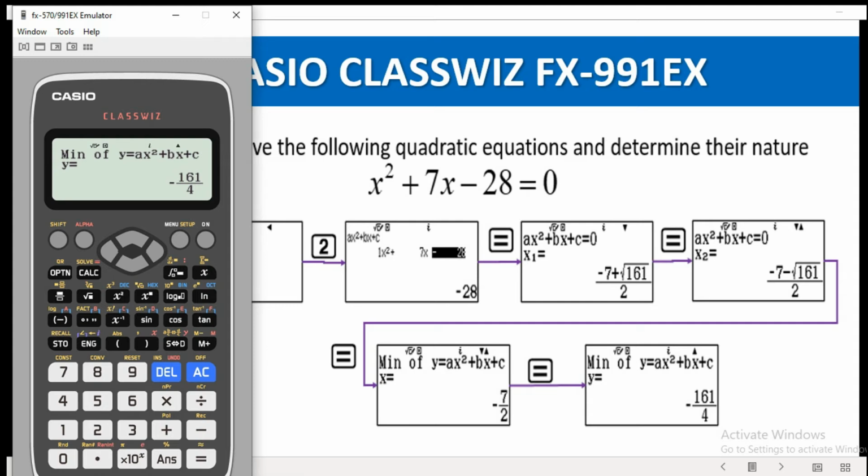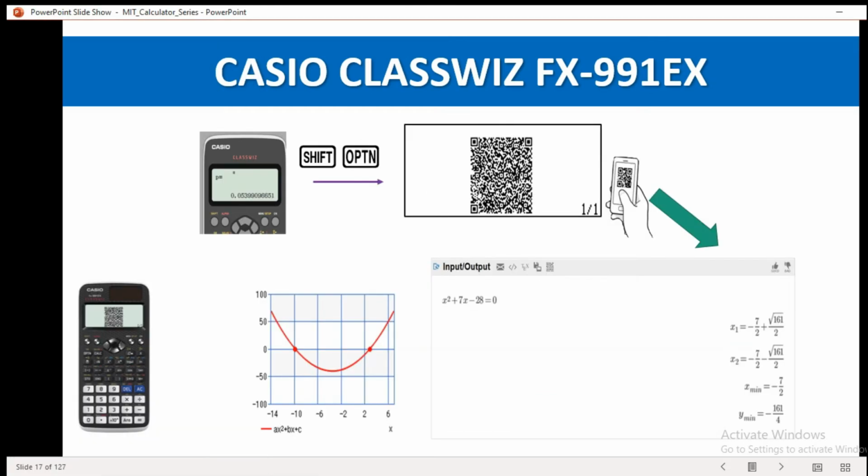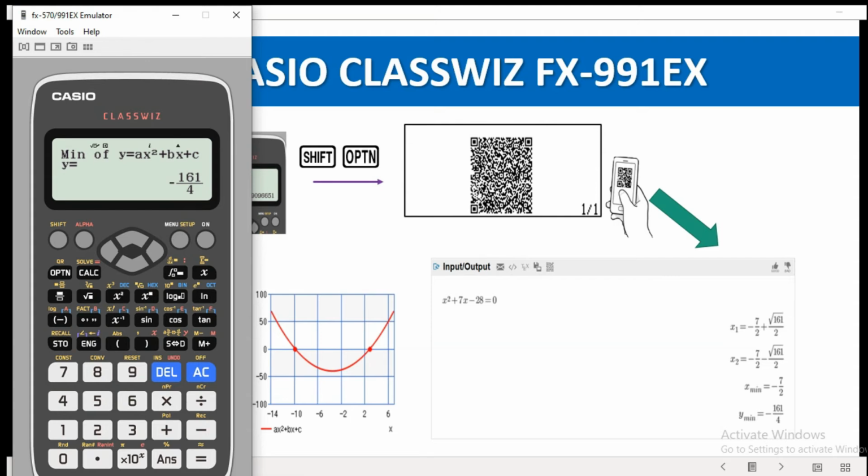Now you can also visualize the graph of the quadratic equation with the help of this model of ClassWiz FX991EX calculator. For this you need to press the shift button and then OPT, the option button.